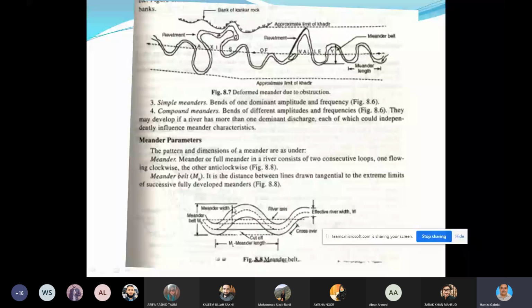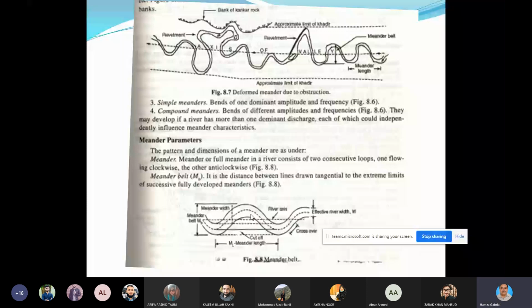Then what is the meander belt? We define the meander belt as the distance between lines drawn tangential to the extreme limits of successively fully developed meanders.